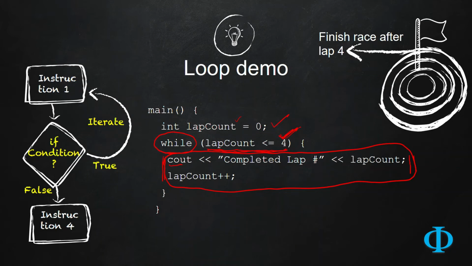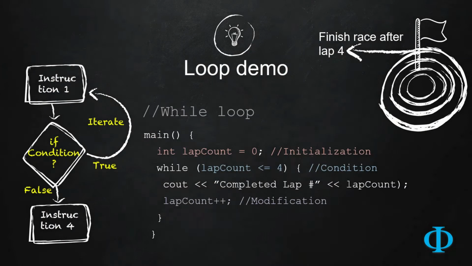Whenever you are writing a loop in C++, you have to remember that every loop has at least three different parts. First, lap count starts from some kind of situation, and in our case the loop is starting with the variable's value lap count equals 0.